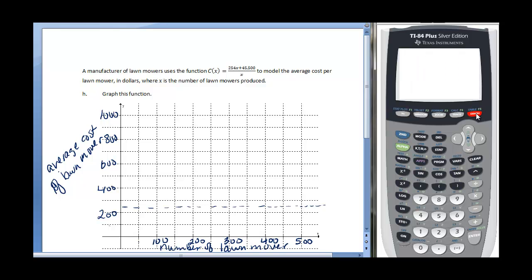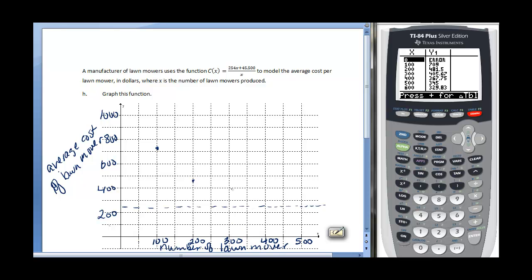Then I'm going to go to my table, and when it's 0, of course there's an error because it's undefined, and then when x is equal to 100, my output is 709. So I want to come up here to 709. That's going to be about there. And then I can just fill in my graph with the outputs that I got from my table.